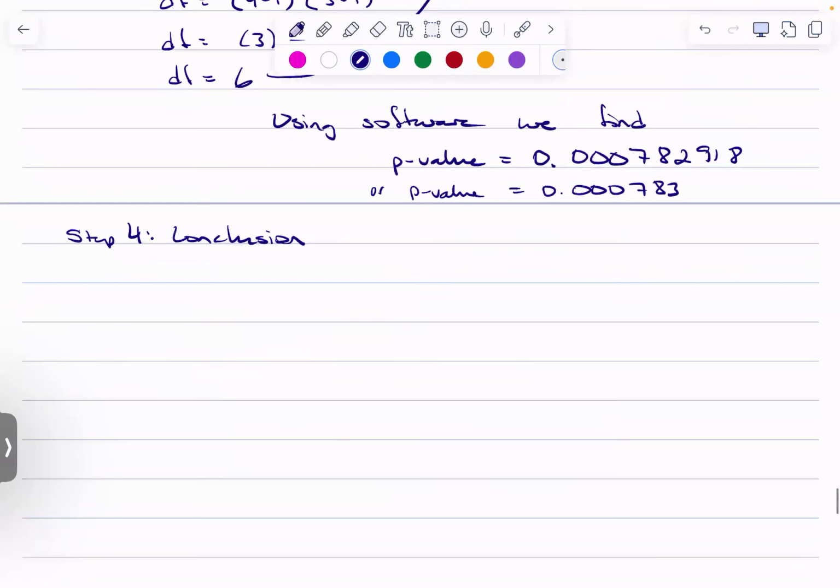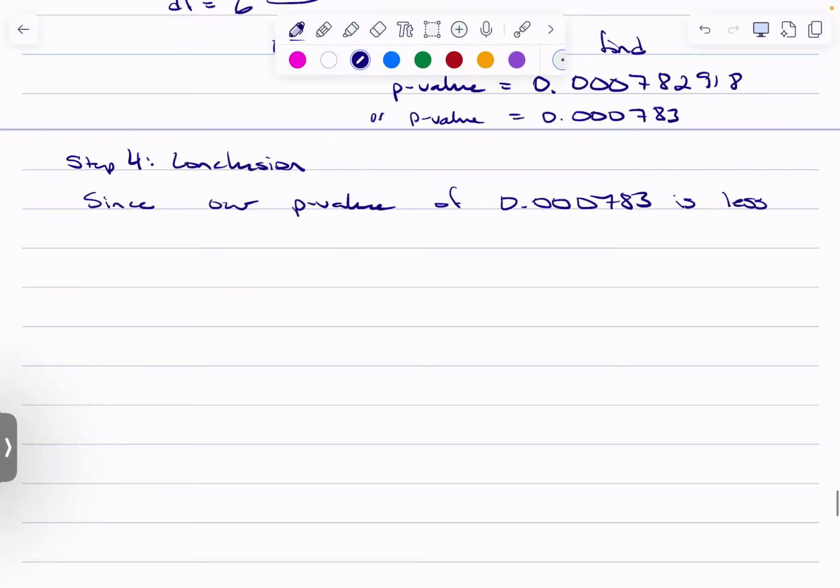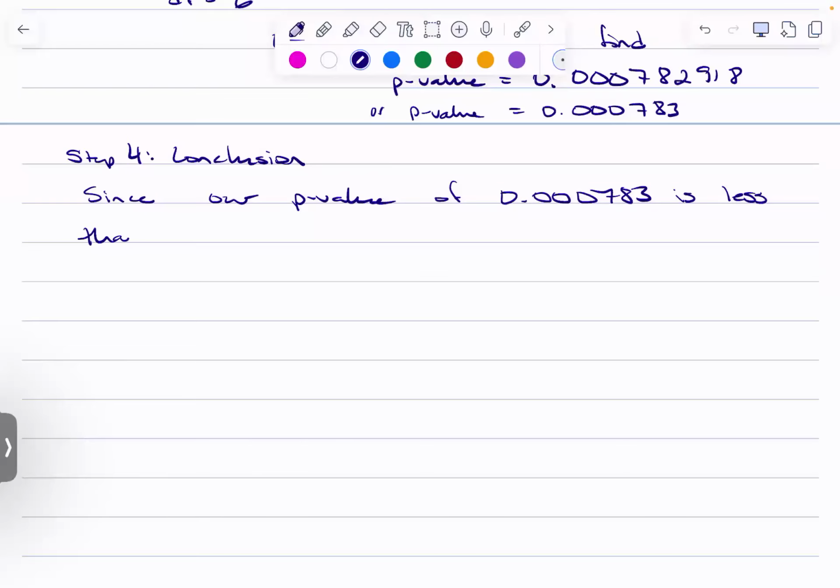And so since our p-value of 0.0000783 is less than our assumed alpha level of 0.05, we have enough evidence to reject H0.